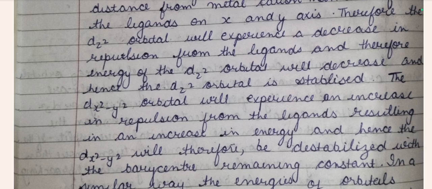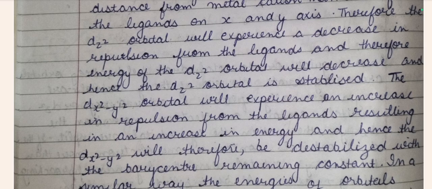The dx square minus y square orbital will experience an increase in repulsion from the ligand, resulting in an increase in energy, and hence the dx square minus y square will be destabilized, with the barycenter remaining constant.